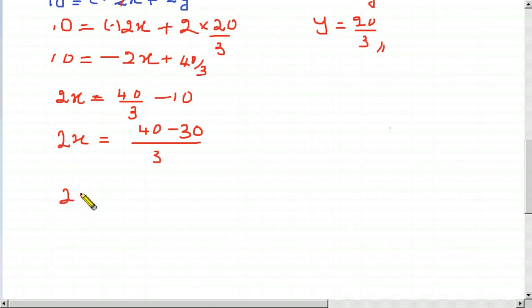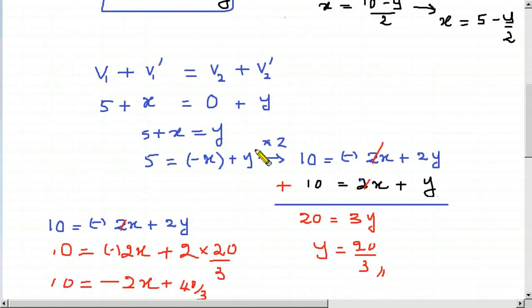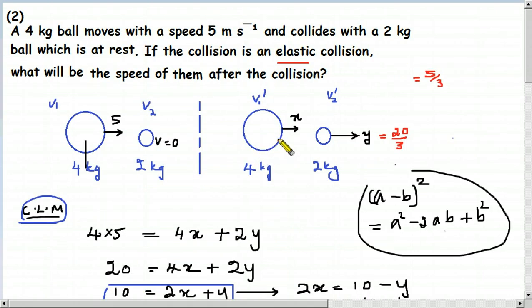So 2x equals 40 minus 30, which is 10 divided by 3. So x equals 5 divided by 3. We cancelled by 2. So 5 divided by 3, the same as we received earlier. Right. Both methods, now we finished.